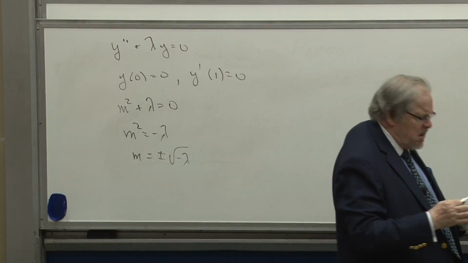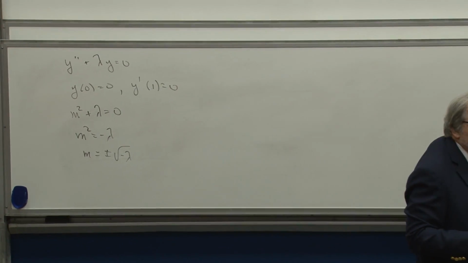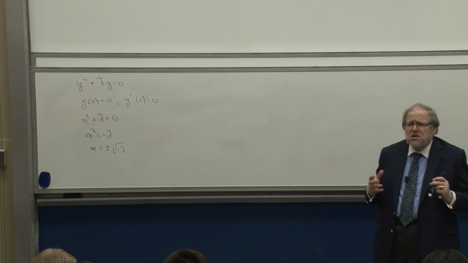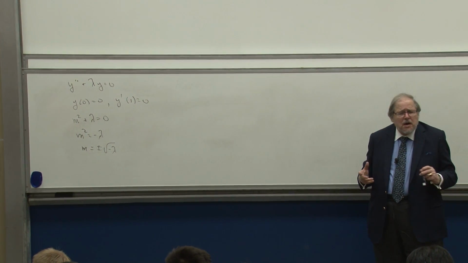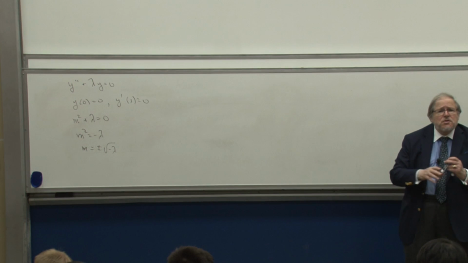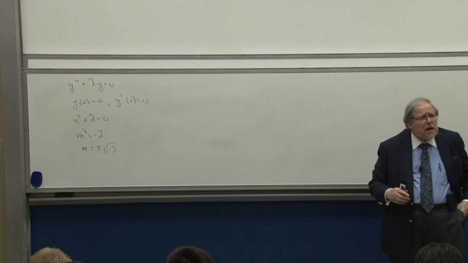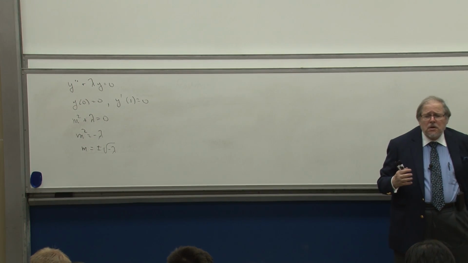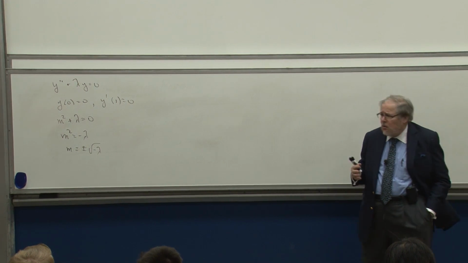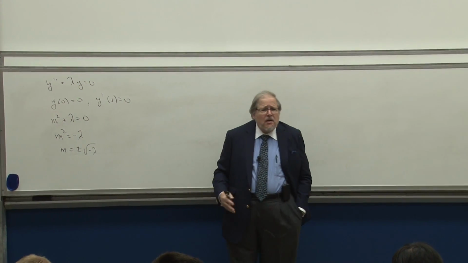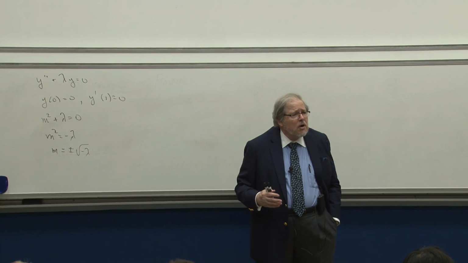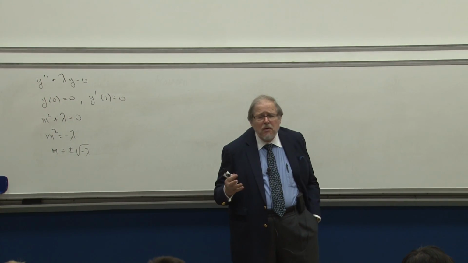In every case, the differential equation with constant coefficients leads us to the auxiliary equation being a quadratic. Second order differential equation leads to a quadratic, and the quadratic formula, or the solution of the quadratic, ultimately involves, when we have an arbitrary quadratic, the square root of something.